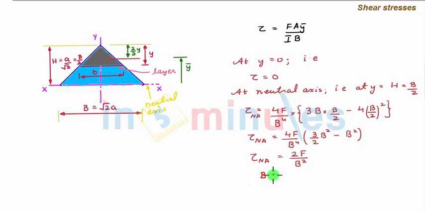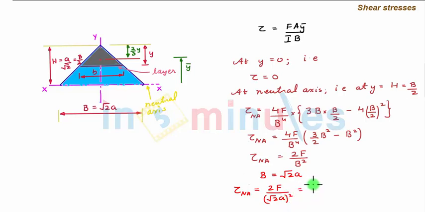Now we know the value of b is equal to root 2 of a. Upon substituting the value of b in terms of a in this equation, we get the shear stress at the neutral axis equal to 2f upon b square, which is root 2 of a square.